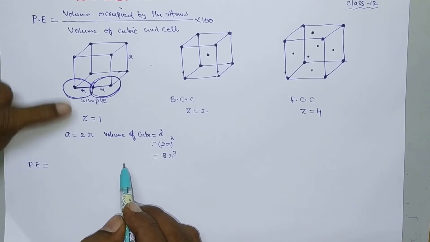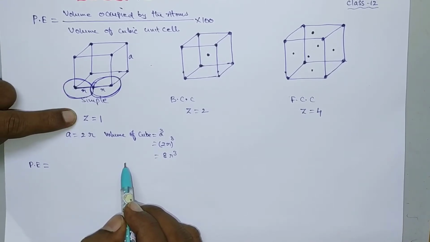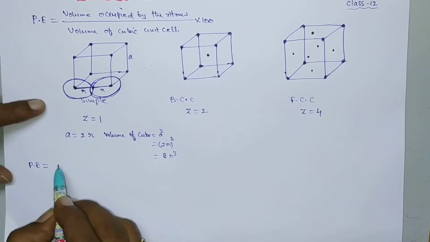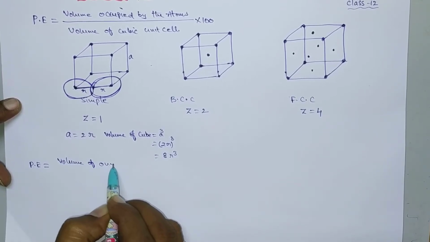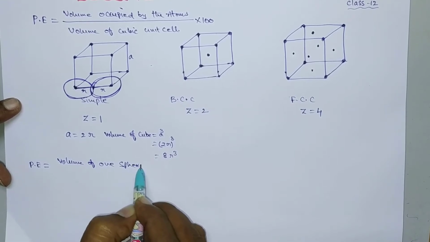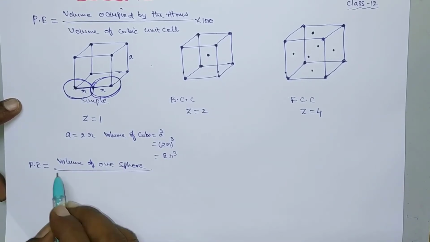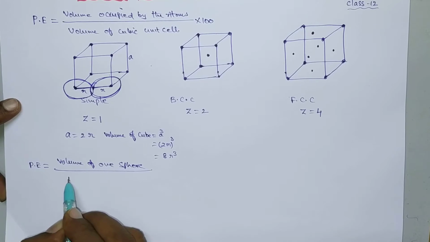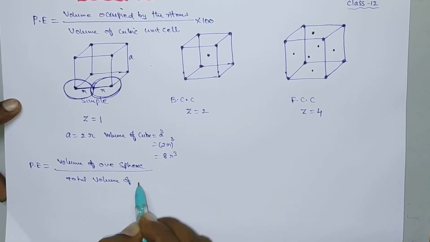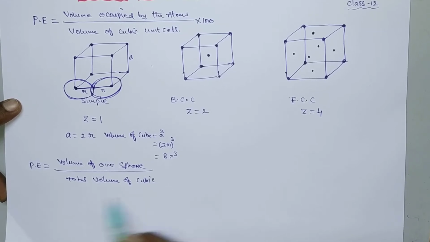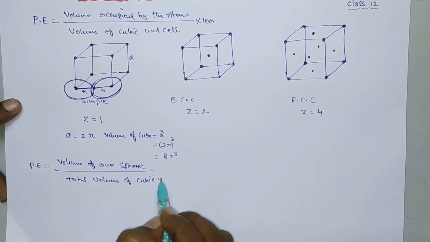In this simple cube there is only one atom, so we consider the volume of one sphere only, divided by the total volume of the simple cubic unit cell.